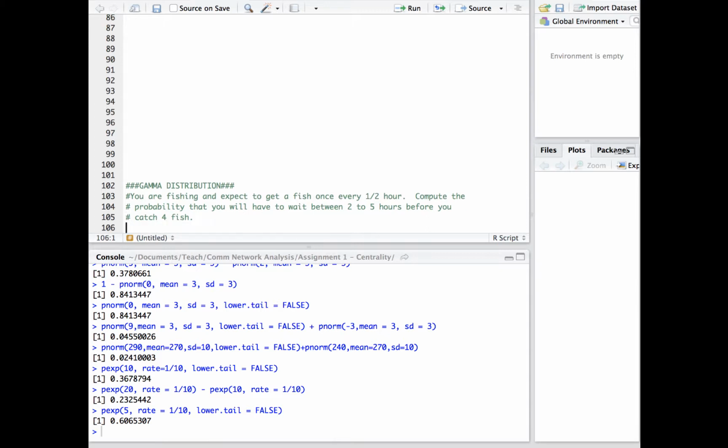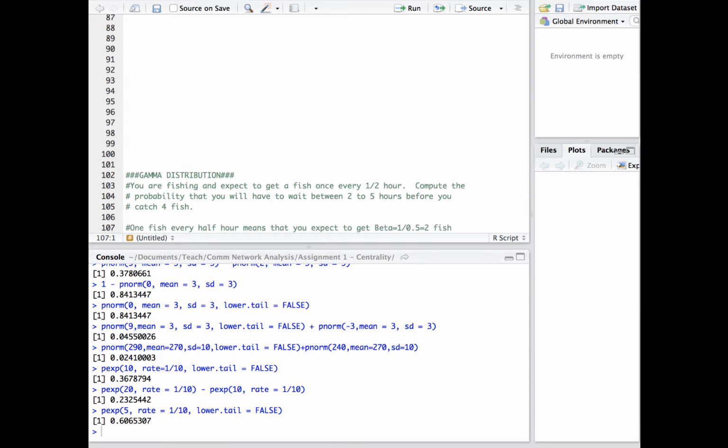Okay, so let's look at the parameters here. 1 fish every half hour means that you expect to get 1 over half an hour, or 2 fish an hour, right? And so that becomes your beta parameter in the gamma distribution. It's how many fish you expect to get in this hour.